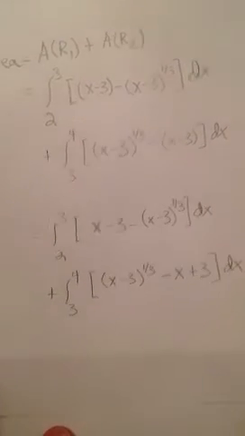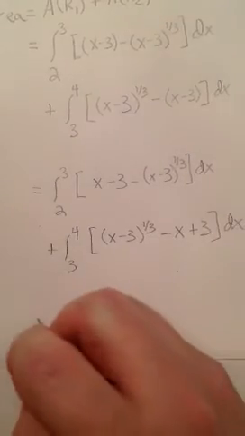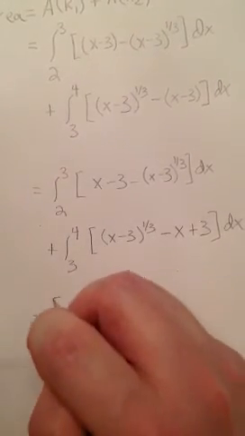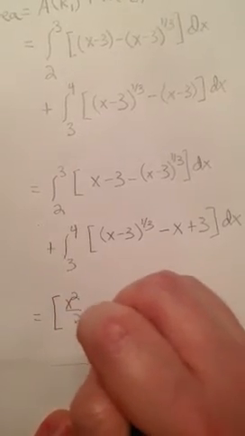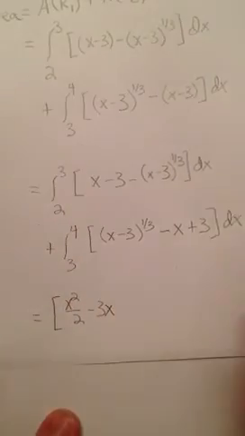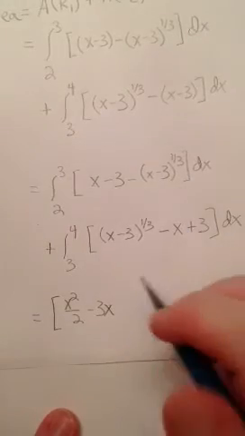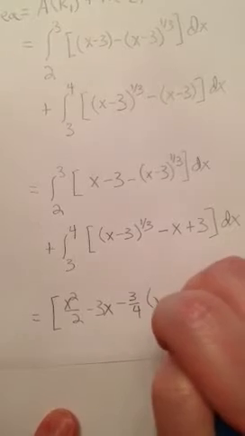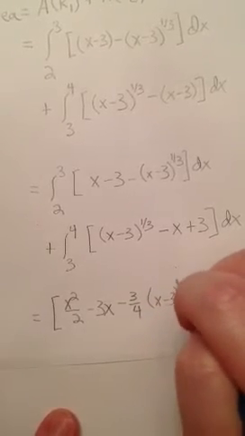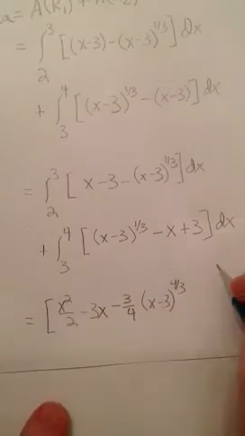And so, using the power rule of integration, okay, we have x squared over 2 minus 3x for the x minus 3 to the 1/3 antiderivative. We want to have it minus 3/4 of x minus 3 to the 4/3.